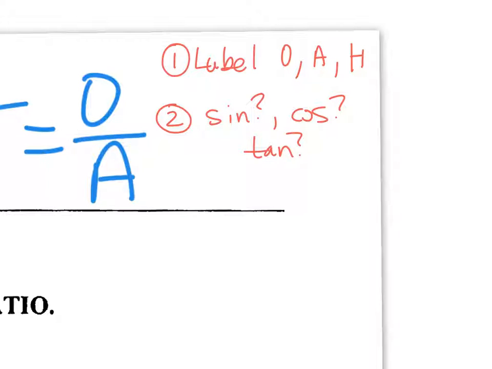That'll be all based upon what you do in number one in terms of labeling your sides. And then number three, remember that we talked about using cross multiplication in order to solve. Okay? All right, so let's take a look at example number one.